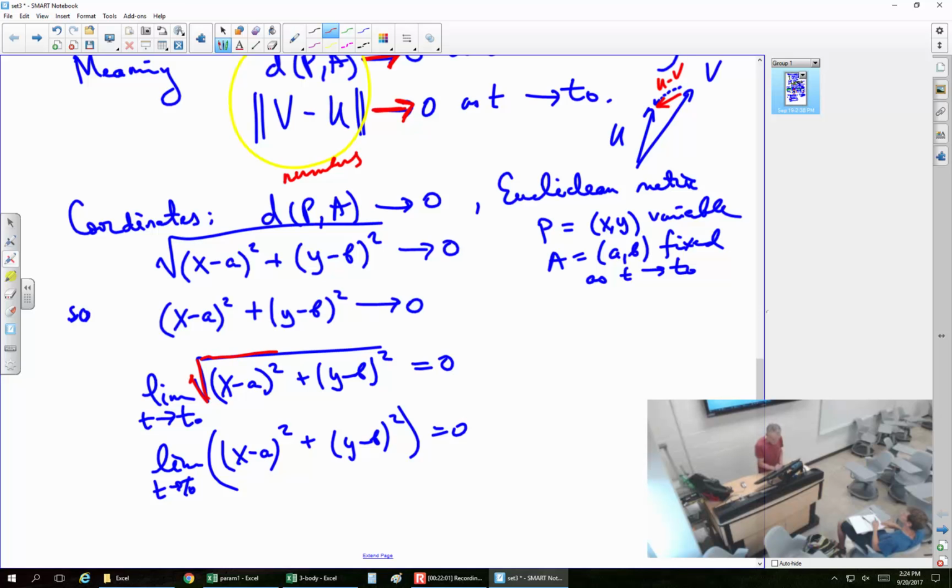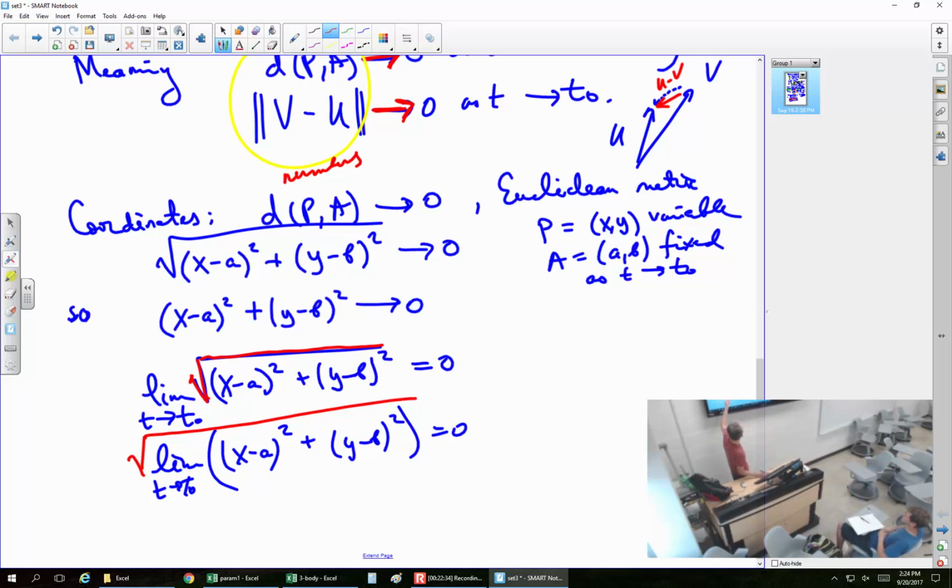We could reason that since both of the terms in the bottom there, without the square roots, are squares, they're both non-negative. So if either x didn't go to a or y didn't go to b, if those two differences didn't become arbitrarily small, then that bottom limit wouldn't go to 0. Well, you're making implicit use of a certain fact that I want to bring into the fore here.